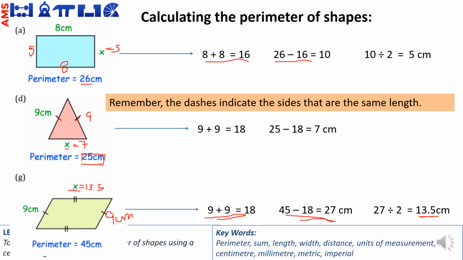Now, it would mean our opposite length is also 13.5. And if we add those four sides together, we should get a total of 45 centimeters.